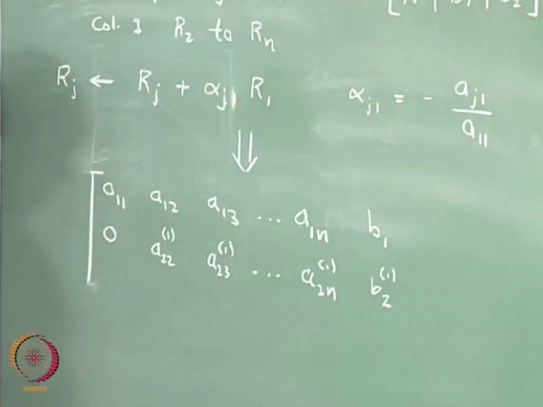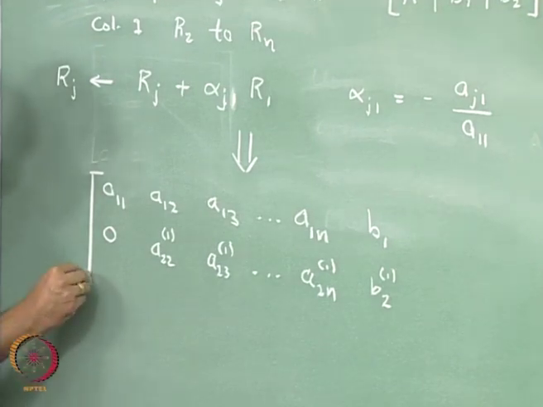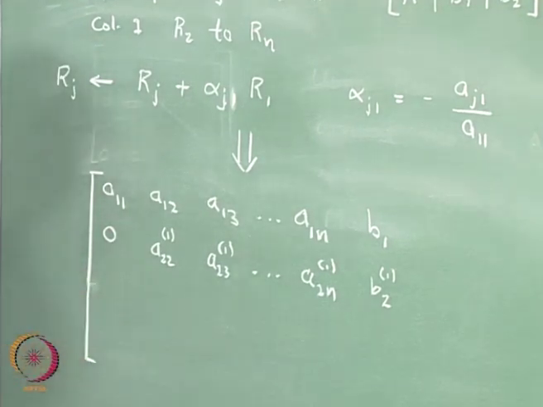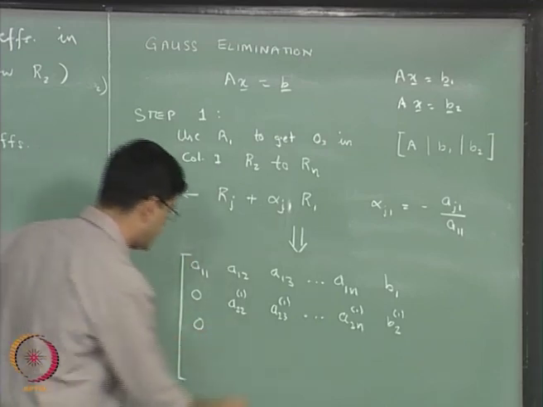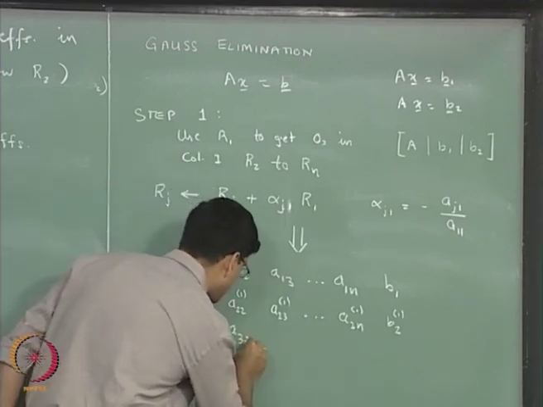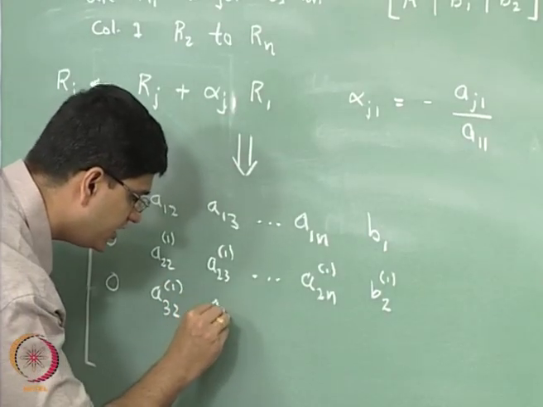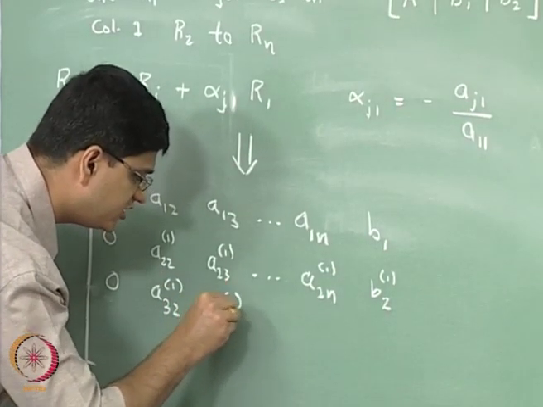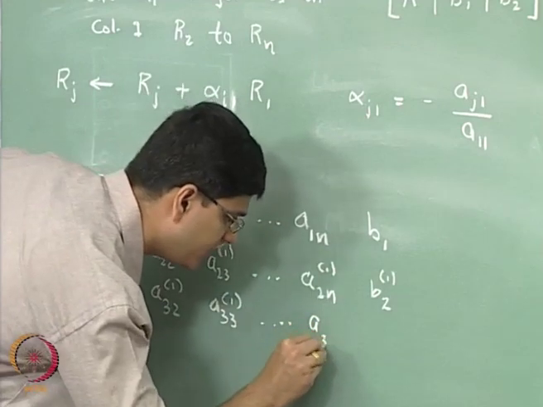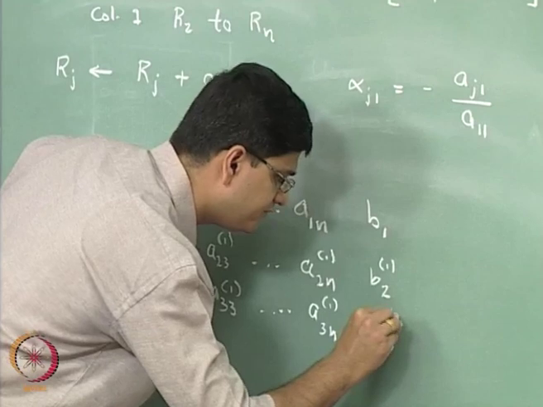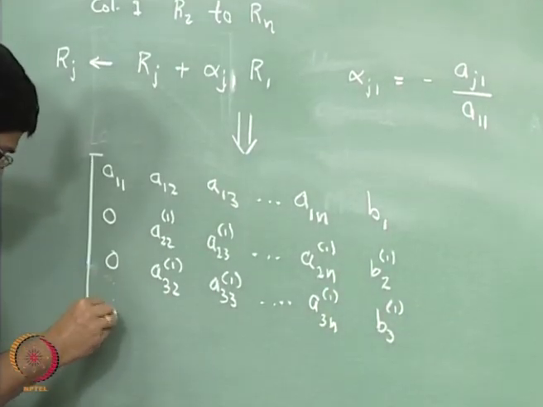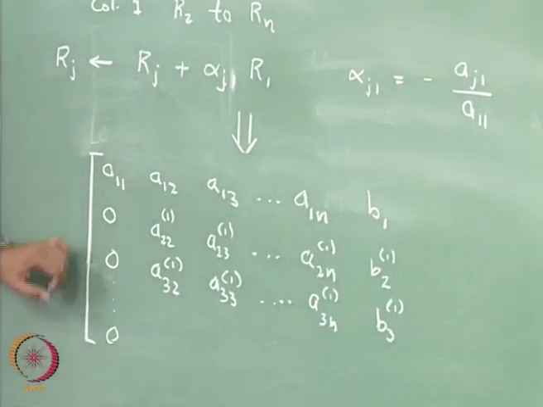Likewise we will change our row 3 or row 4 or row 5 and so on. We will immediately get 0 over here, and we will have a32 after the first operation, a33 after the first operation, and so on up to a3n after the first operation and b3 after the first operation, and so on up to the nth row.